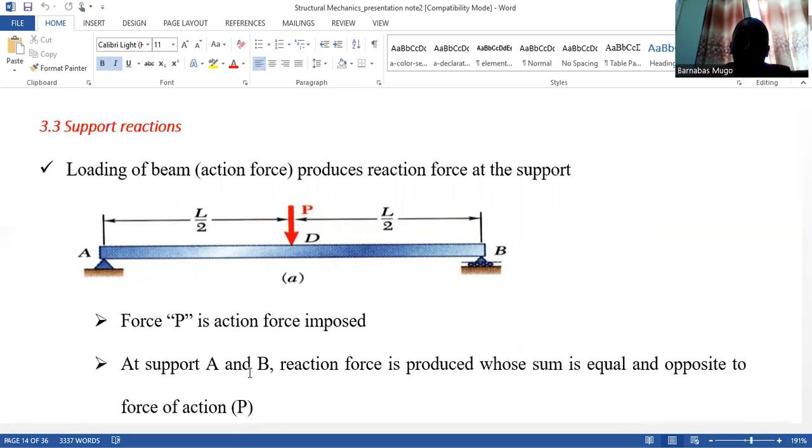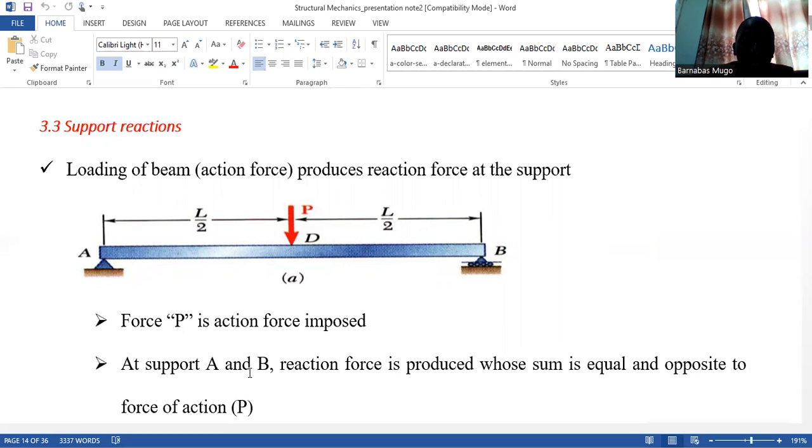This force of action, because of the loading, will produce the reaction force at the support, meaning that P is the action force. A and B are going to counteract the force of action, which is P. And therefore, the reaction force is the one that is going to be produced.